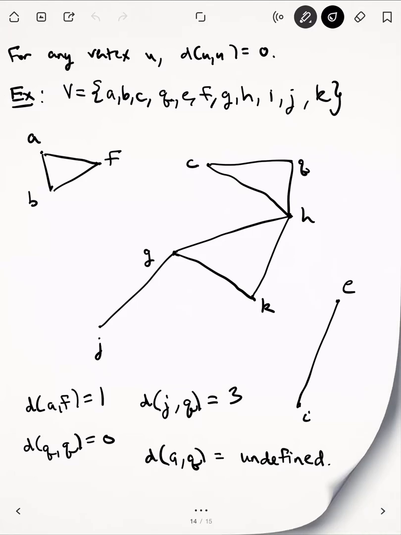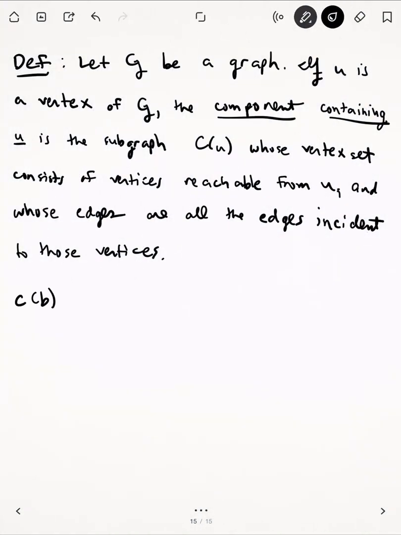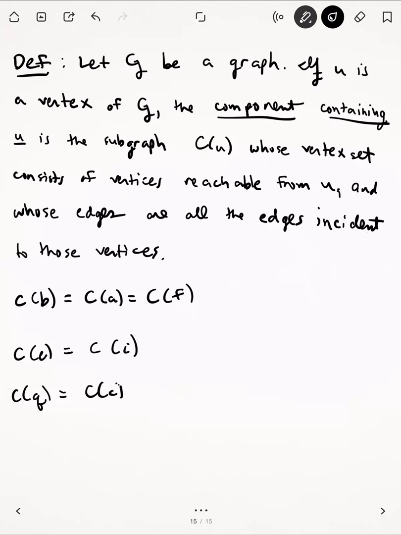It's A and F, and so the set of vertices reachable from B and the corresponding edges is equal to the component containing A, and that's equal to the component containing F. Similarly, the component containing E is the component containing I. And to finish this off, the component containing Q is equal to the component containing C, H, G, K, and J.